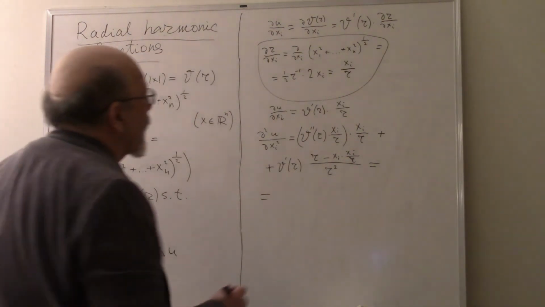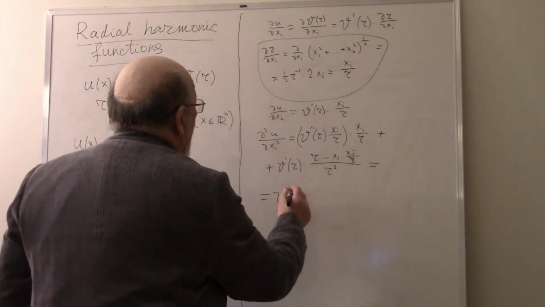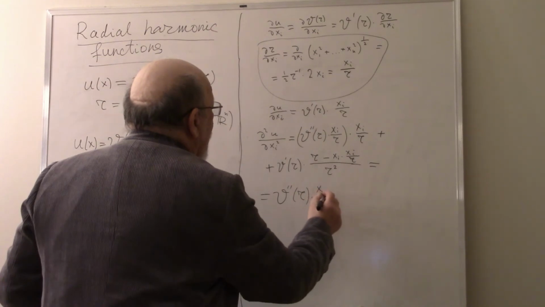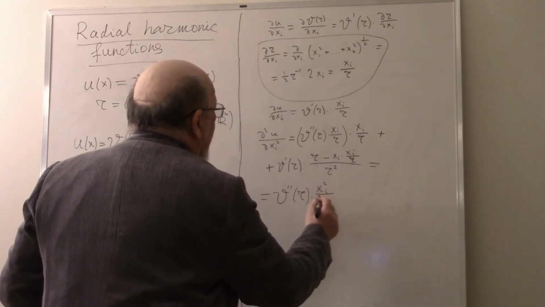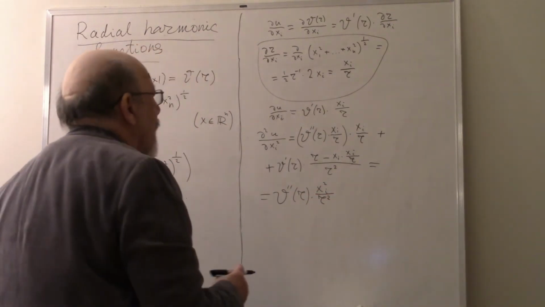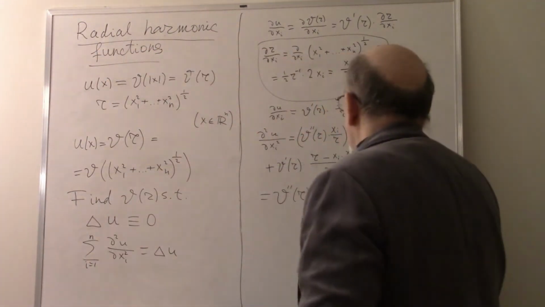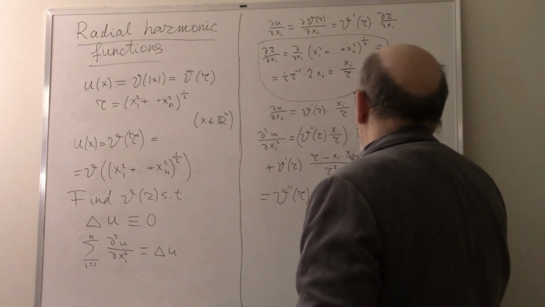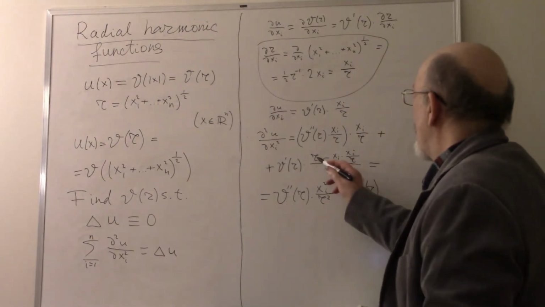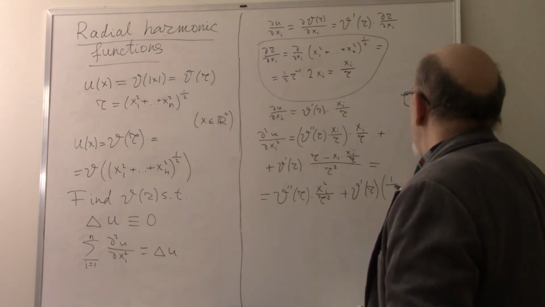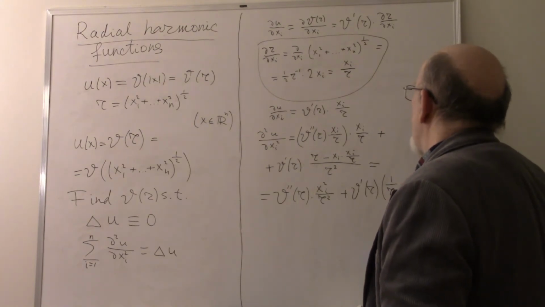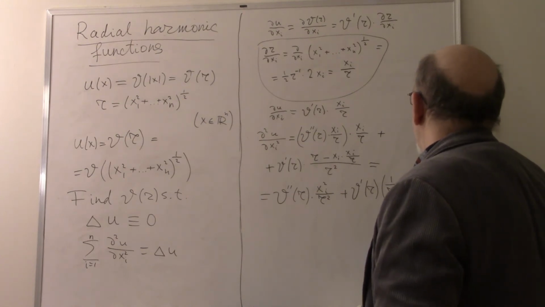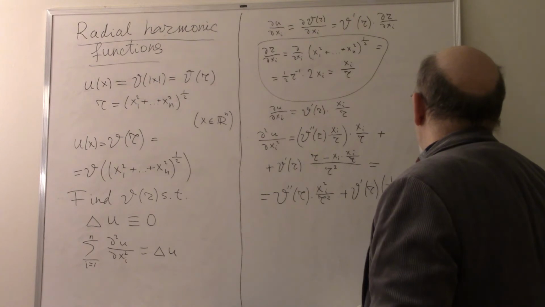to the following: v double prime of r times xi square divided by r square, plus v prime of r times (1 over r minus xi square divided by r cube).